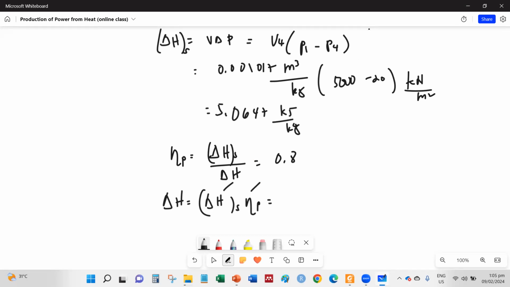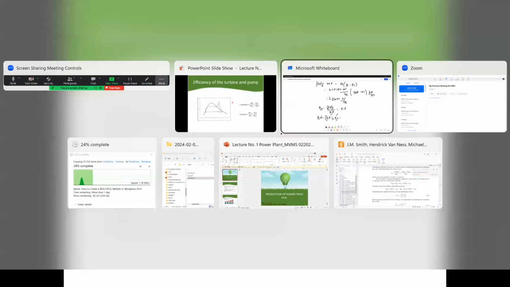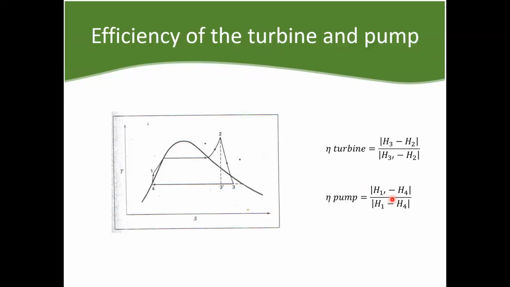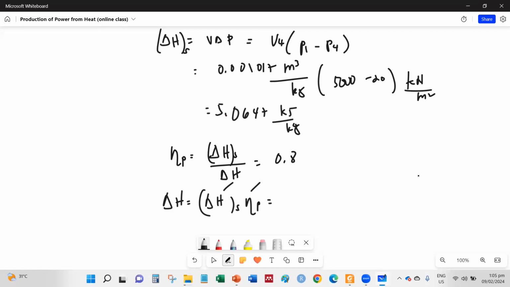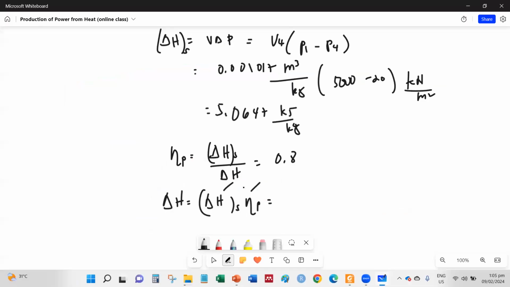The isentropic work is in the numerator. So delta H, I made a mistake.